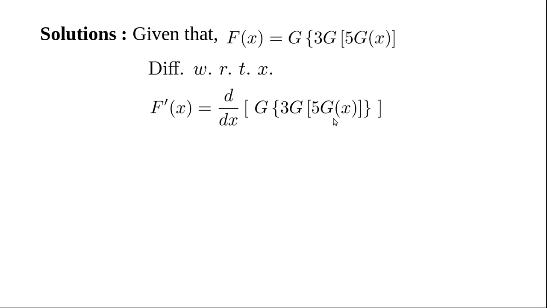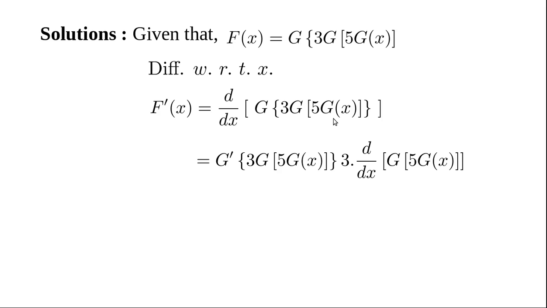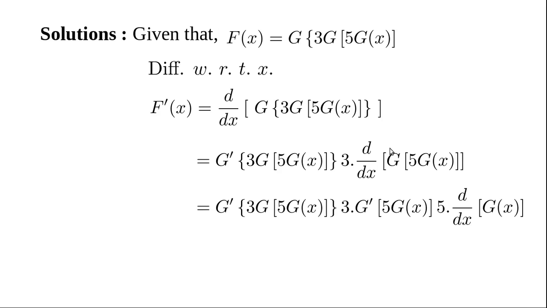Therefore the function becomes g of u, whose derivative will be g dash of u into the derivative of what you thought as u. There this 3 is a constant, it comes out, and hence we find the derivative of g of 5 times g of x, and therefore it becomes 3 into g dash of 5 g of x into 5 times d by dx of g of x.